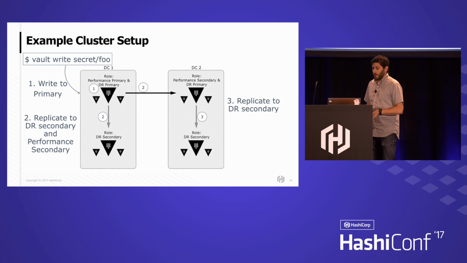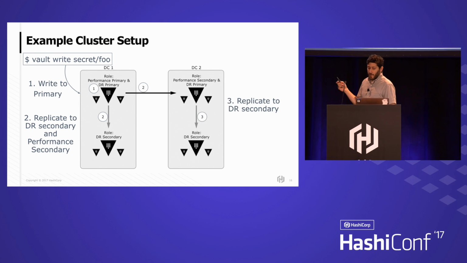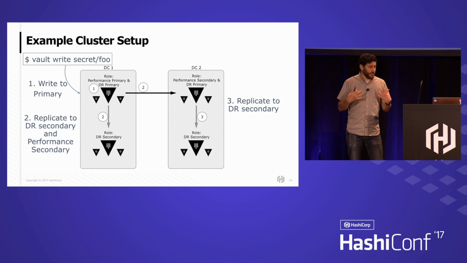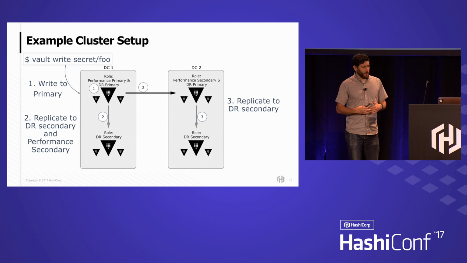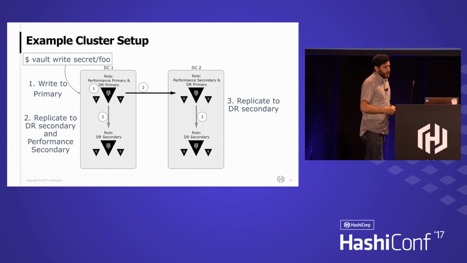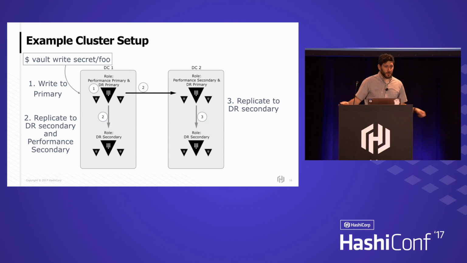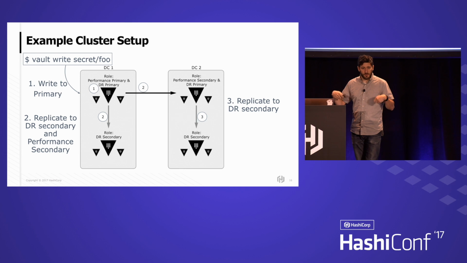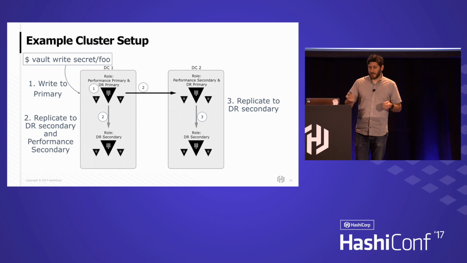And then the third step would be the performance cluster in DC2 would save that to its storage backend and then replicate it down to its DR secondary. And so now we have secret foo living in our 4 different clusters, 2 of which are for serving up that request, and 2 of which are for recovering in case we lose one of the primaries.